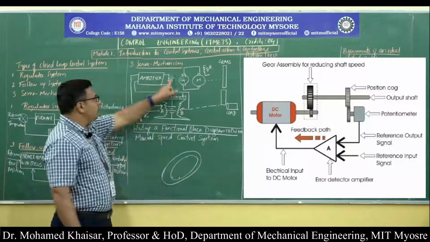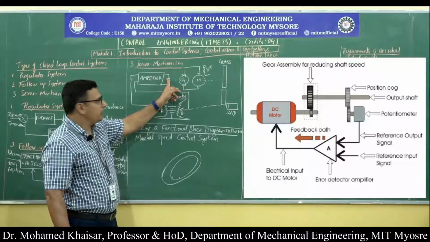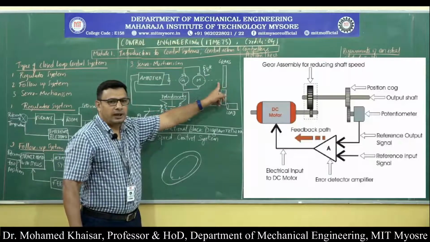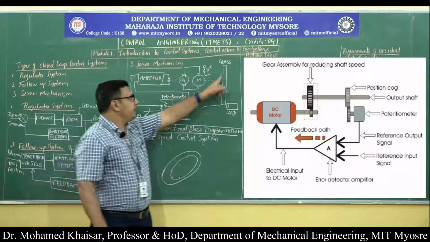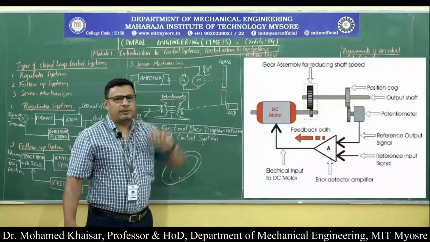So based on whatever electrical signal or voltage is given as input, the motor will rotate the shaft by some angle, and the gear mounted on the shaft of the electric motor will rotate by some angle.